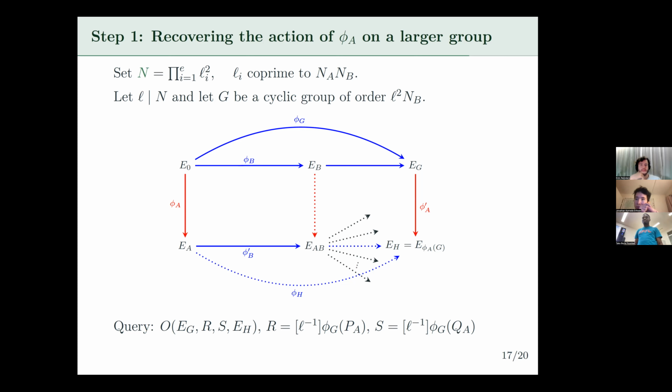It's an adaptive attack, so you suppose that you have access to some key exchange oracle. With this oracle, you can always recover as many torsion point images as you need. Even if NB is smaller than NA or the square root of NA, as long as you are in an SIDH setting, you can recover as many torsion points as you need for the attack.